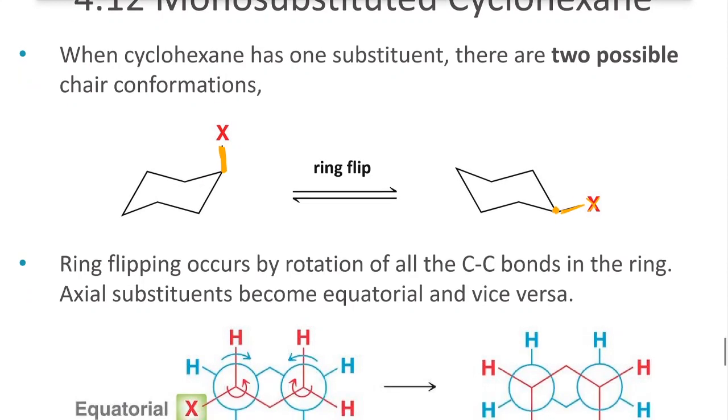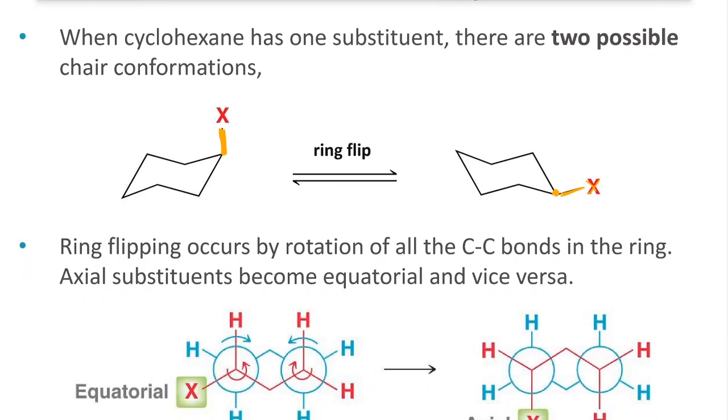Ring flipping occurs by rotation of all the carbon-carbon bonds in the ring, where the axial substituents are all going to become equatorial, and the equatorial substituents all become axial. So here we have the ring where we start out with the parallel lines with a positive slope.